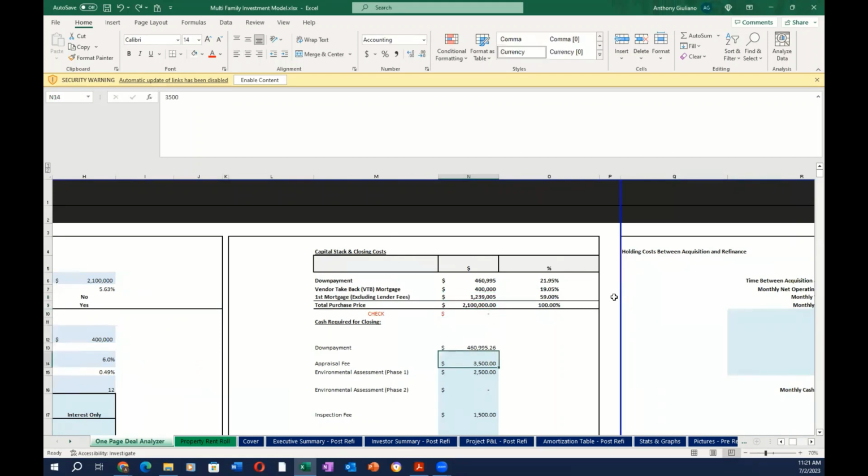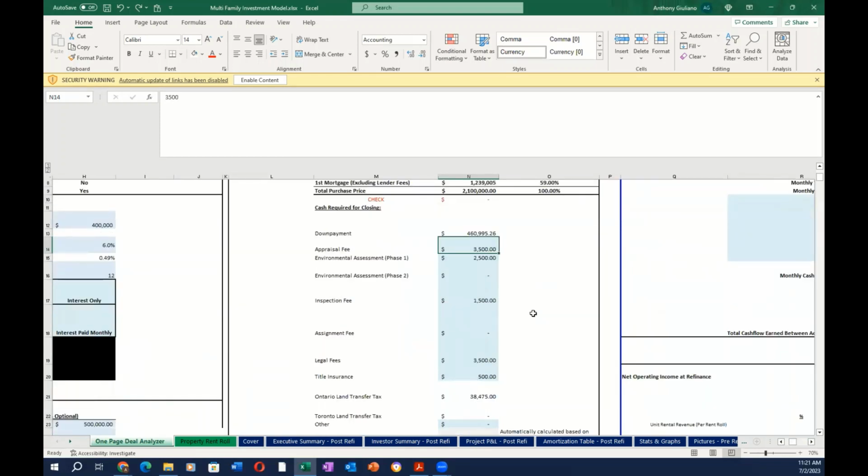Now, obviously, we know that when we purchase multifamily properties, there are very heavy closing costs. Obviously we've already calculated our down payment, but we also have an appraisal fee, a phase 1 environmental, a phase 2 environmental, an inspection fee, and an assignment fee if you purchased it off of a wholesaler. There are also legal fees involved, and title insurance.